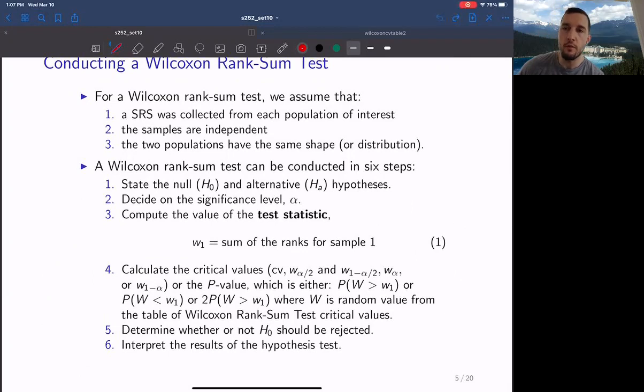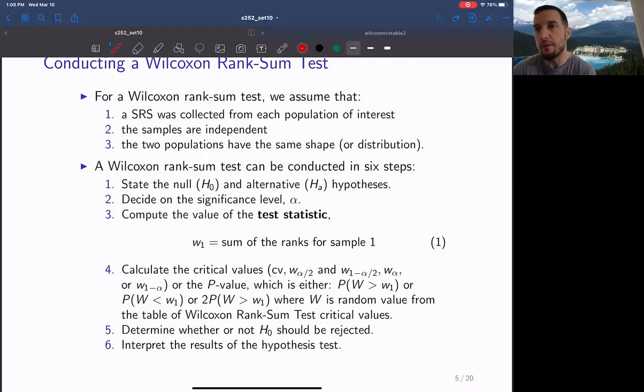The assumptions of the Rank-Sum Test are that each sample is a simple random sample from the population of interest, the samples are independent of one another, and the populations have the same shape. We don't require them to be symmetric or normal, but we do require them to be of the same shape. In this particular example with the salaries, the male and female populations are both going to be right skewed populations.